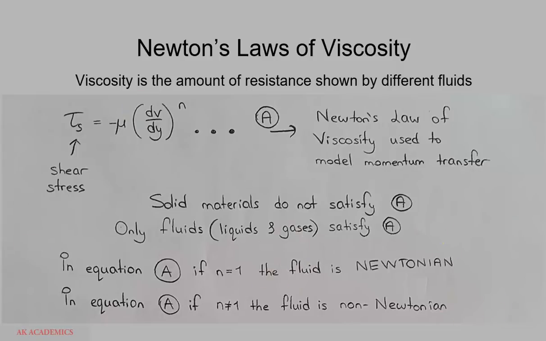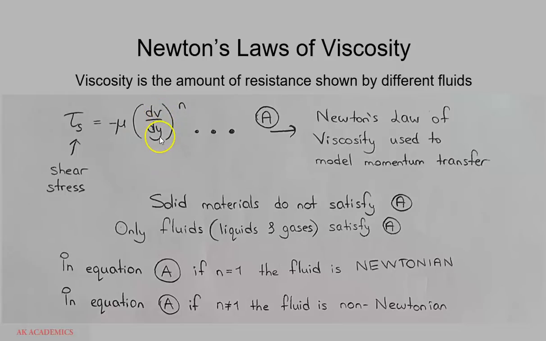I remember we talked about this equation where this symbol represents tau, and this S represents stress. So tau S represents shear stress, and it is equal to minus mu. This symbol is mu, where mu represents our viscosity.